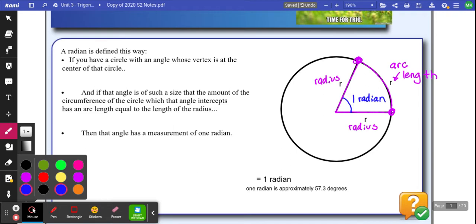As an angle, it's about 57.3 degrees. So radians are going to be very weird compared to angles, and they're not nearly as nice to talk about. We're going to have a lot of 1.73 or random decimals or the value pi. We're going to have lots of that stuff when it comes to radians. Cool. That's the actual definition of what a radian is. Not that I think it's really that important, but it's good to know why it exists, I guess.